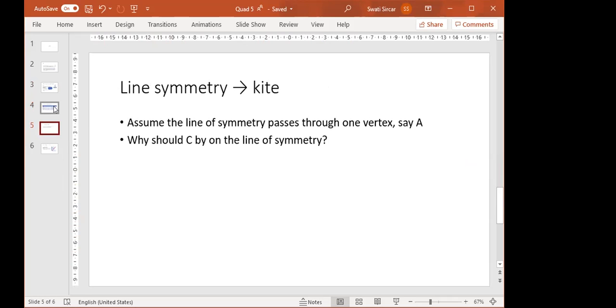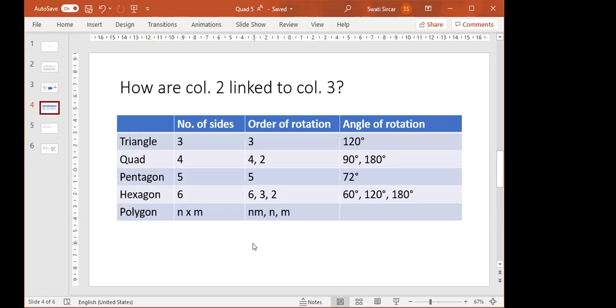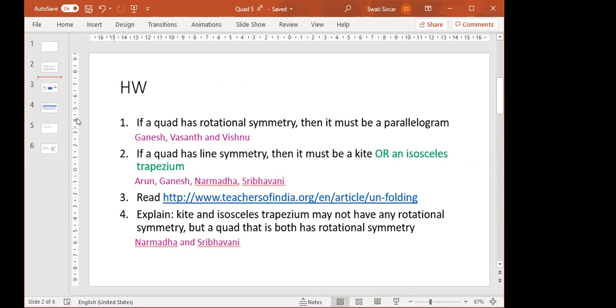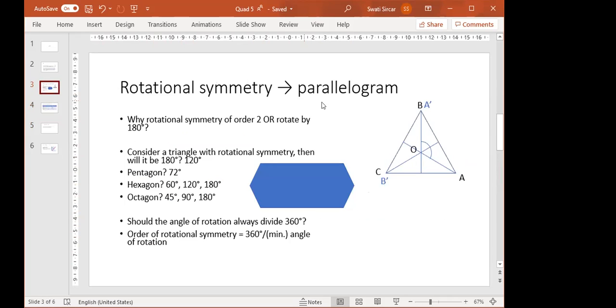I would also like to say that once you get that it has rotational symmetry of order 180 degrees, the way you argued, those of you who did argue, that was very nice. All you need is, I'm going to annotate again because that will be faster.